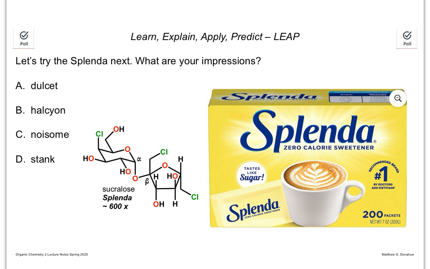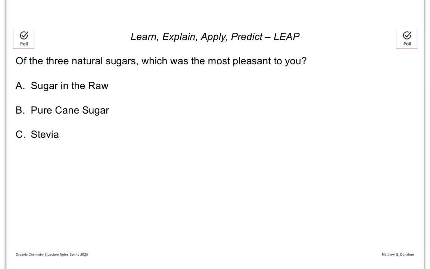So go ahead and record your answer for 6, and then we have a couple more questions here. Again, the point of this was to use your tongue to taste those different structures and how you perceive them. So the next question here, of the 3 natural sugars, which one was the most pleasant to you?